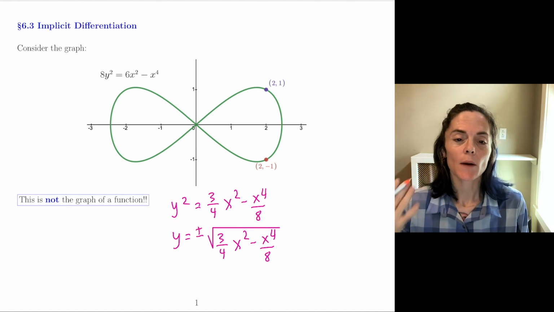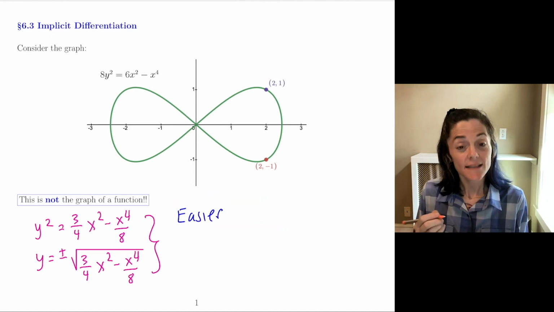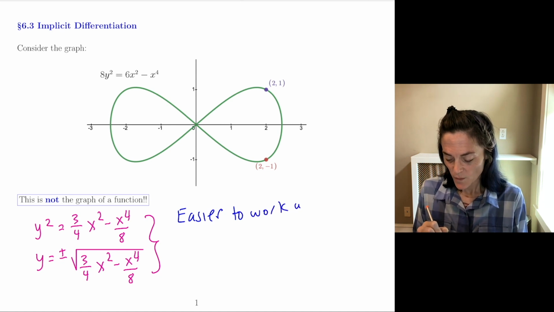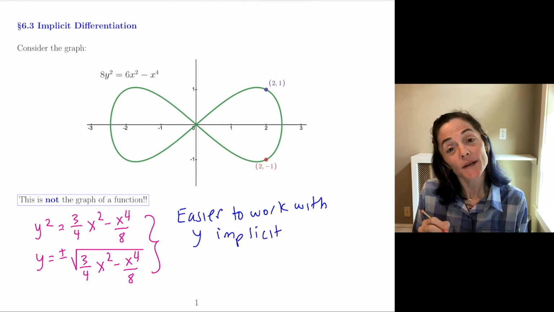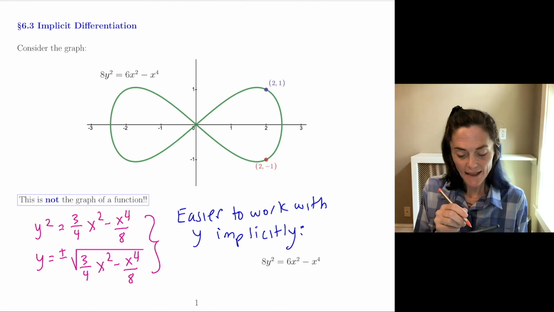today, we are going to be working with y implicitly. And so I can just say it's easier to work with y implicitly, which was how it was presented to us at the very beginning. Exactly like this.